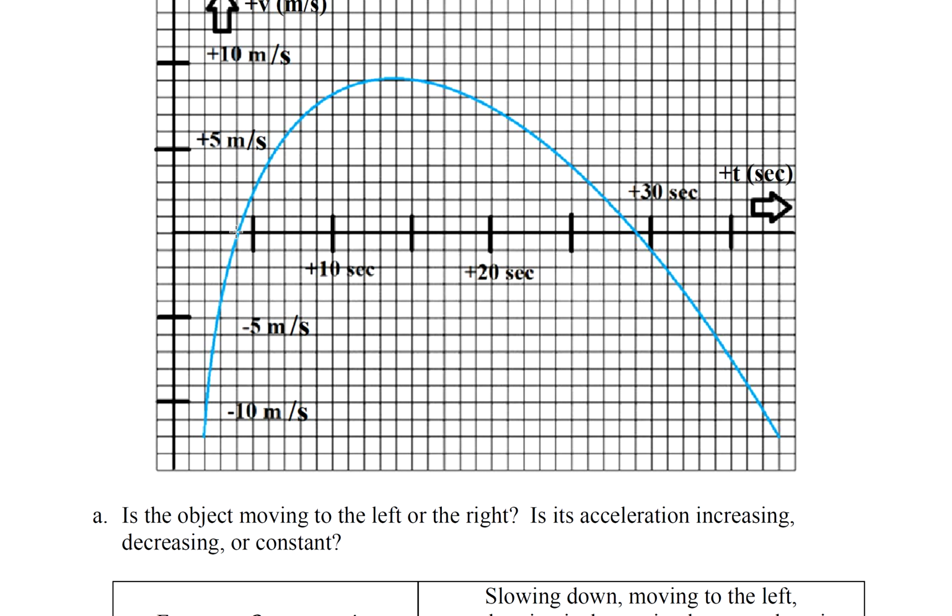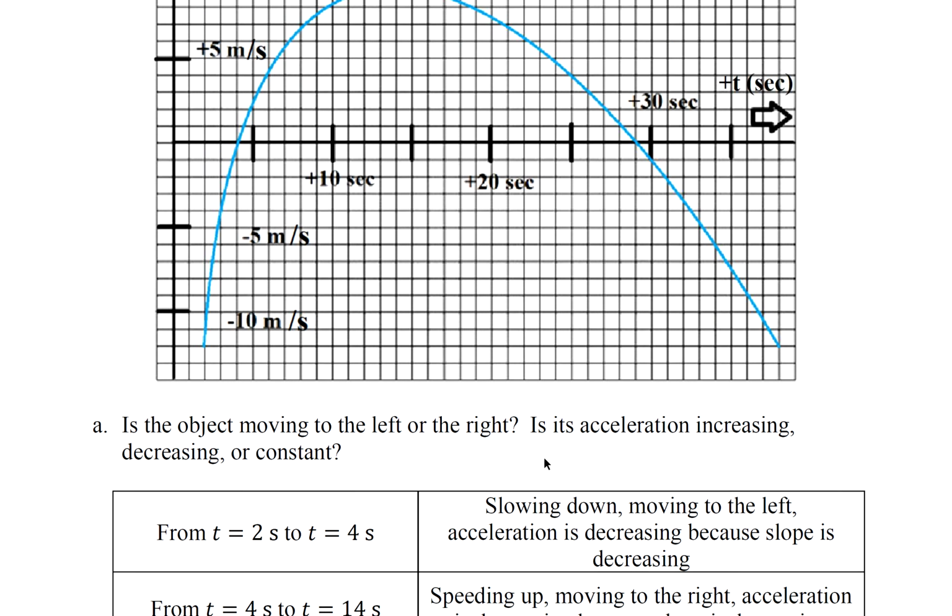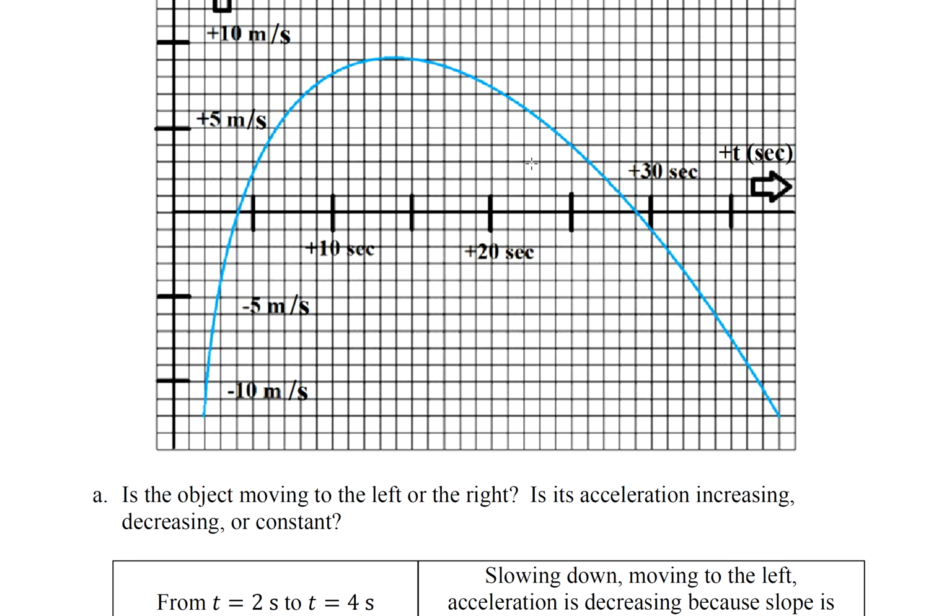And then from 4 seconds to 14 seconds, we're speeding up. But you could see the slope is decreasing. So we're speeding up, but the acceleration is decreasing. Then from 14 to 29 seconds, you could see that we're slowing down and acceleration is negative.